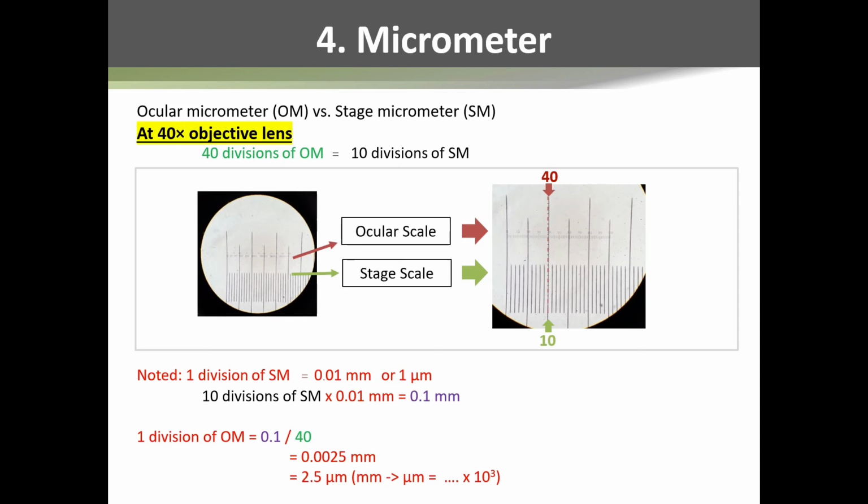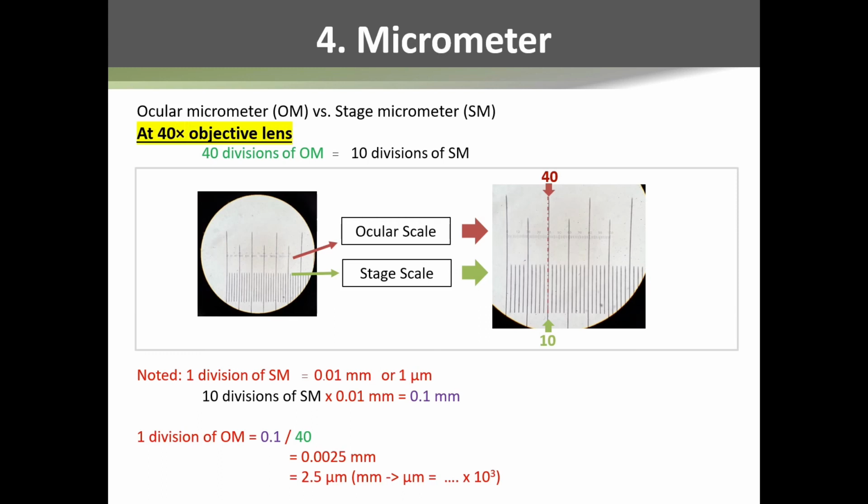One division of the stage micrometer is equal to 0.01 millimeter or 10 micrometers. Then 10 divisions at 40x objective lens are equal to 0.1 millimeter.